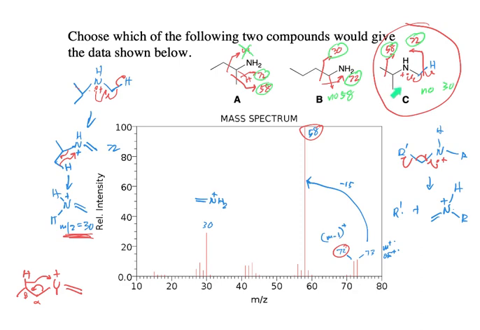It increases the chance for 58. And it's the loss of a smaller group, H, versus the loss of the larger radical here that we can lose, methyl. So it favors the loss of the bigger one.